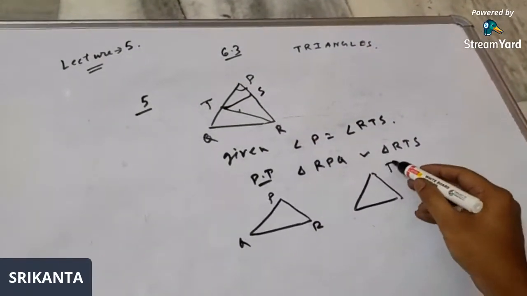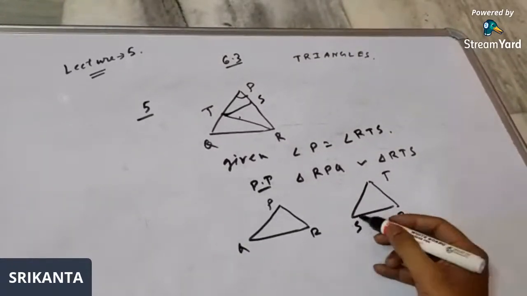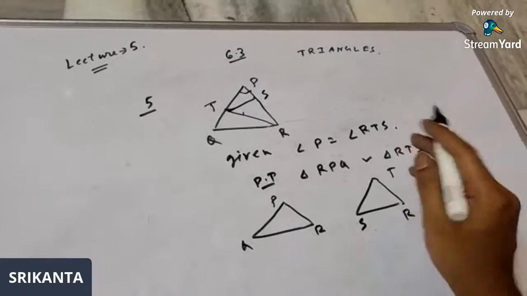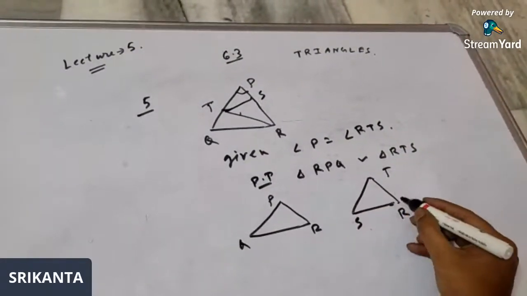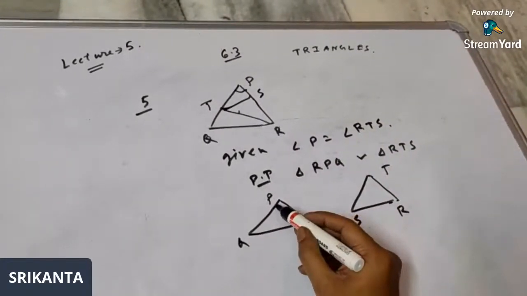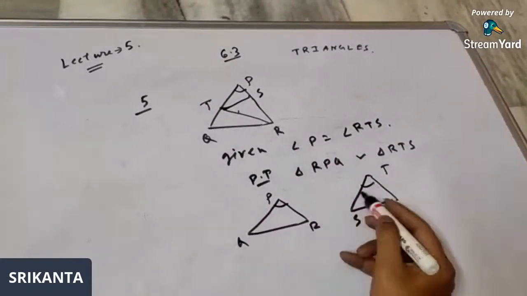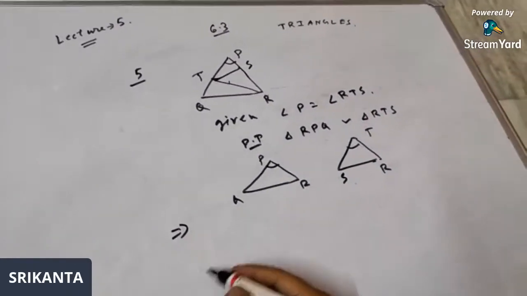So TSR, right? So I think it will be done, right? PQR, TSR. See, angle P is equal to angle T. Now we have redrawn the triangles. Then it becomes easy. Now why?